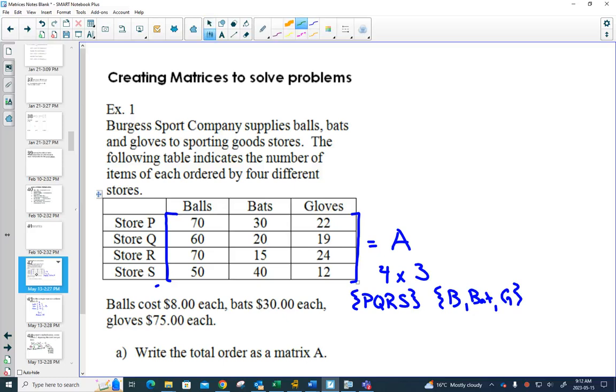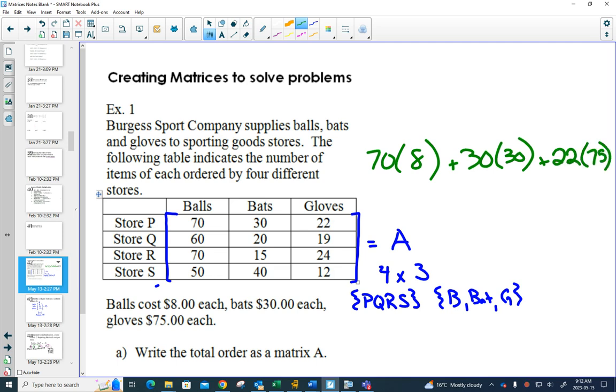So if I asked you, how much does store P owe, you would be like, this is not hard math. It would not be hard for me to say, well, they bought 70 times 8, right? And then plus 30 times $30, plus 22 times $75.